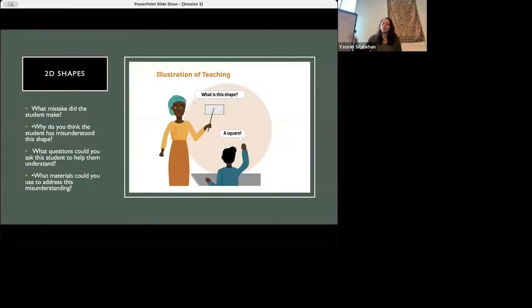We actually want children, as I said before, to make errors, because that's what helps the teacher and that's what pushes further understanding. If you are learning something, when you make a mistake and you learn from your mistake, that's actually how you learn, right? That's a big part of learning: making a mistake, doing something the wrong way, and then figuring out how to do it correctly.